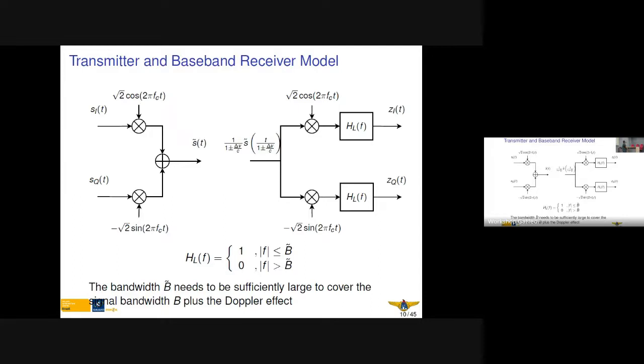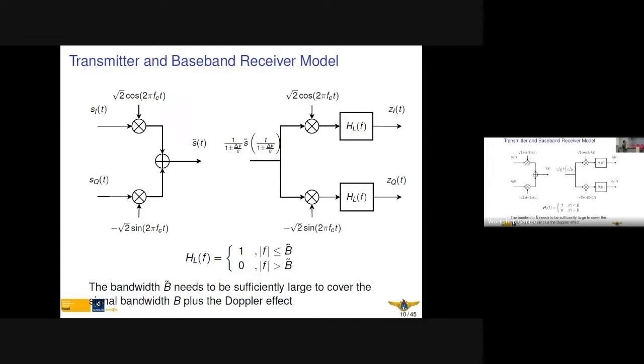So we first discussed how the Doppler effect is affecting the passband signal, and then what happens when we perform a down conversion. On the left-hand side, you see a model for the transmitter. We have our s_I(t) and s_Q(t), the in-phase and quadrature signals, modulated onto the carrier with carrier frequency f_c, and this creates our passband signal s tilde of t.